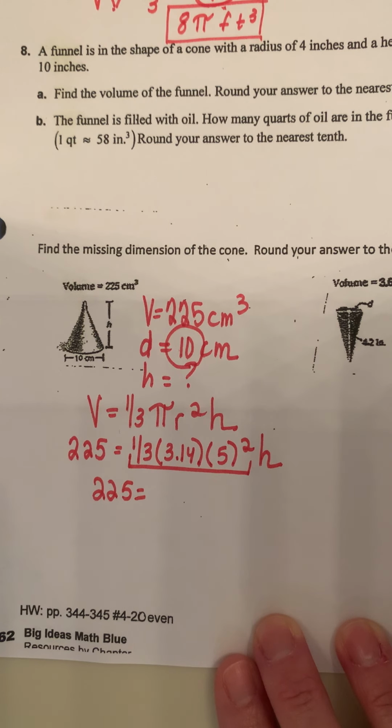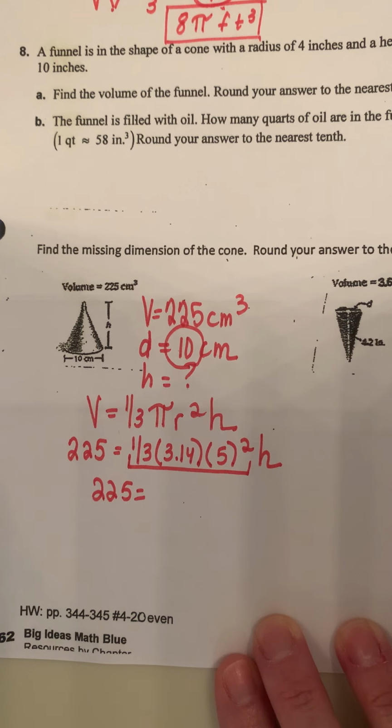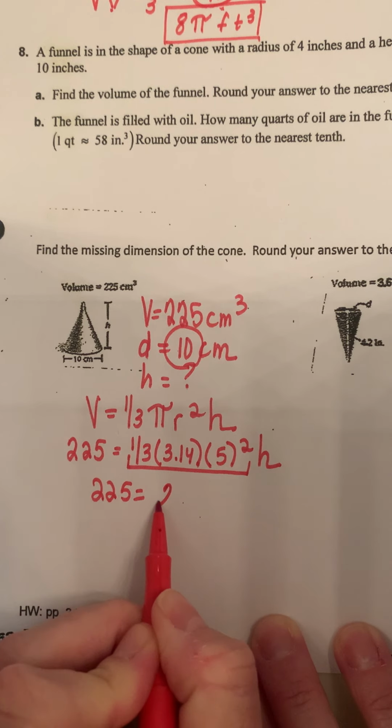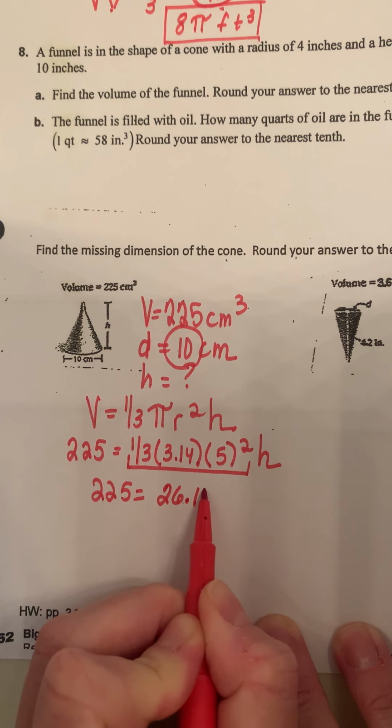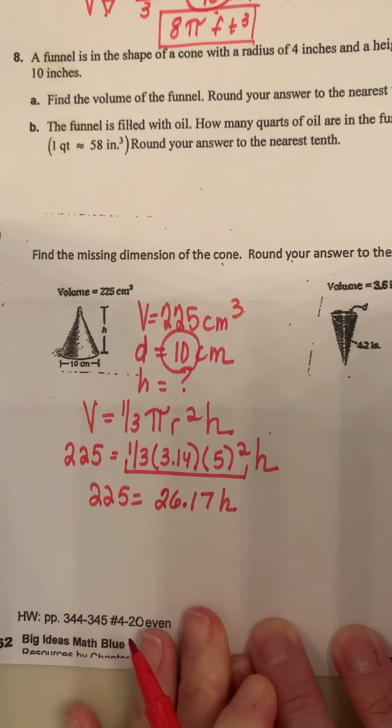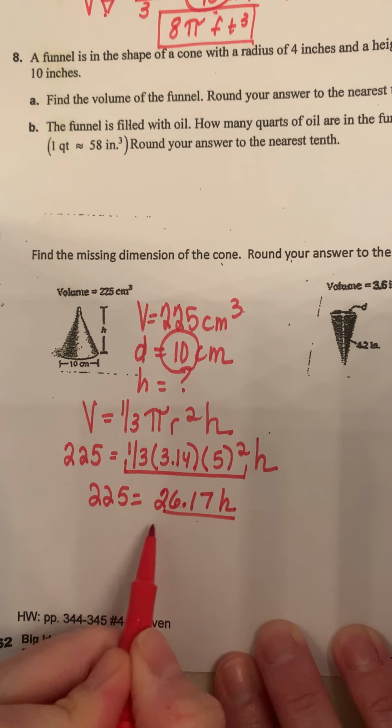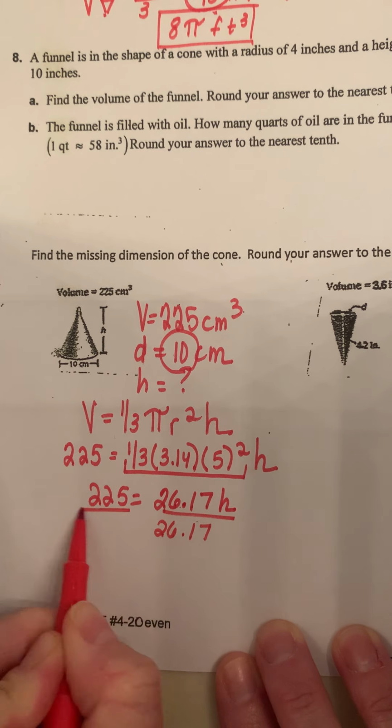So I'm going to do 1 divided by 3 times 3.14 times 5 squared, which is 25. And you get about 26.17 times the height. We're multiplying, so you want to divide both sides.